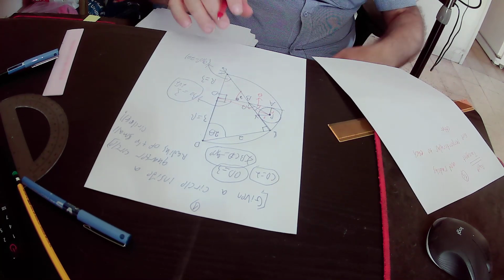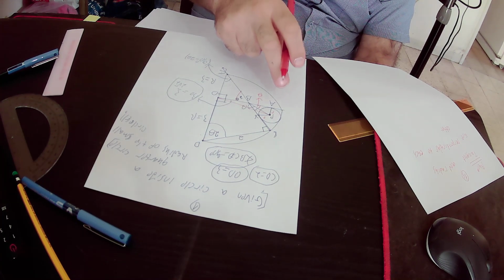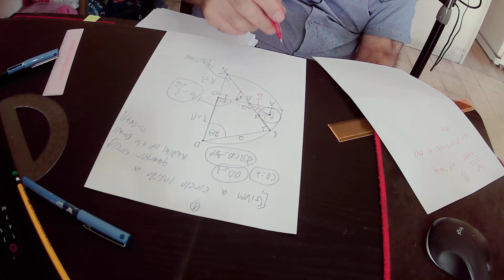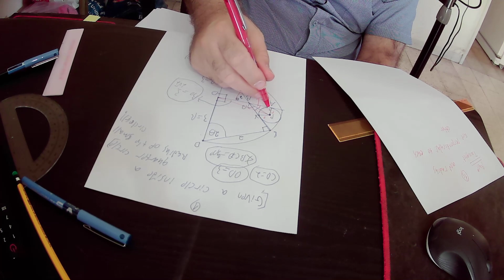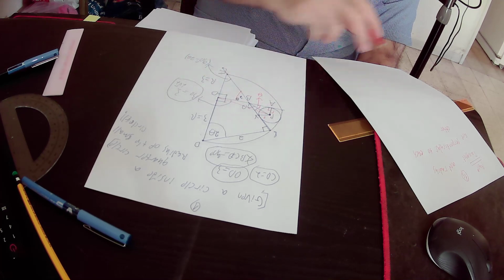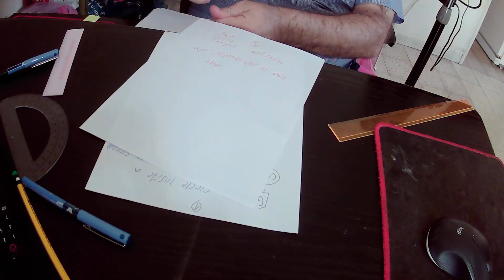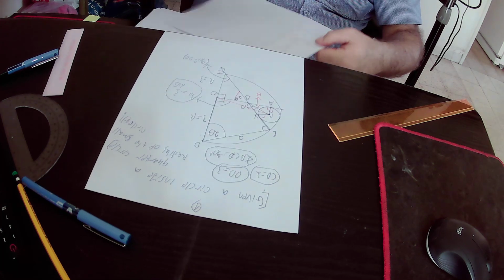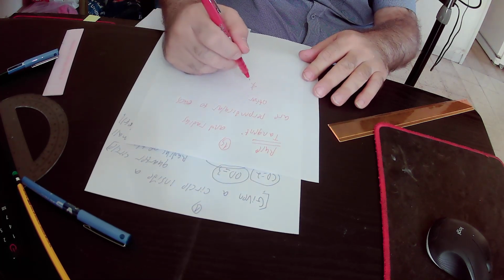So the tangent OA and the radius AP are perpendicular to each other. That is to say, angle PAO equals 90 degrees according to this rule that tangent and radius are perpendicular to each other.